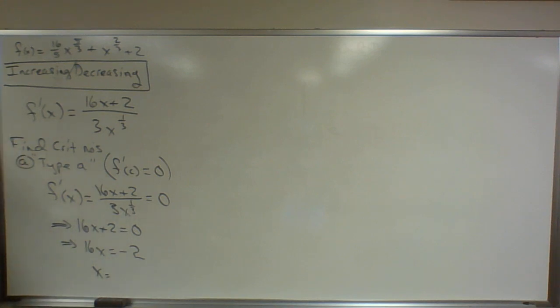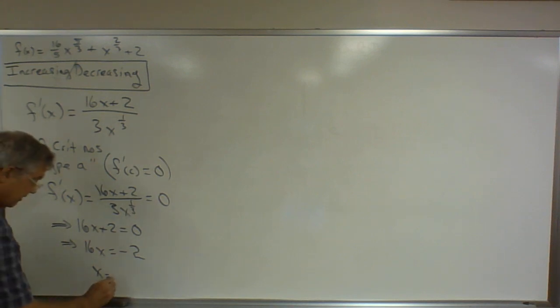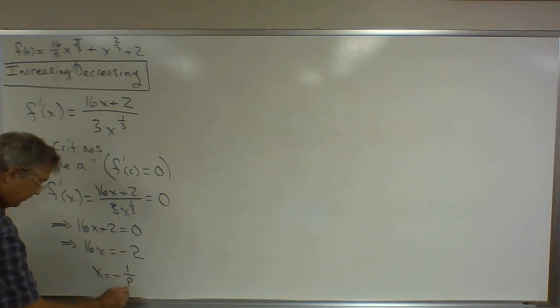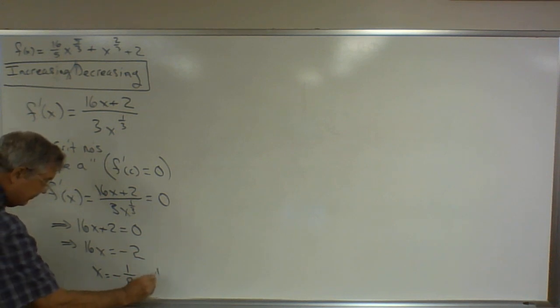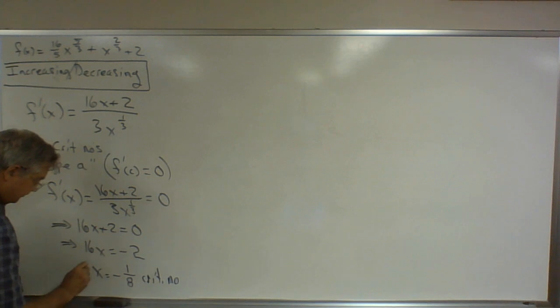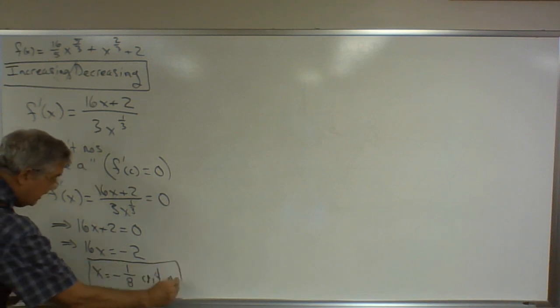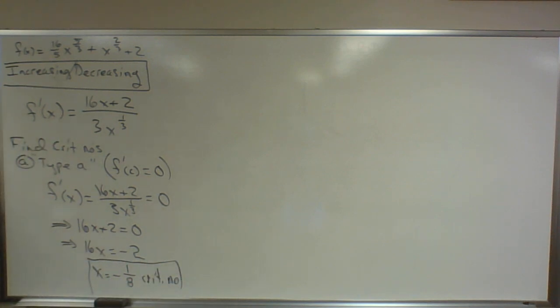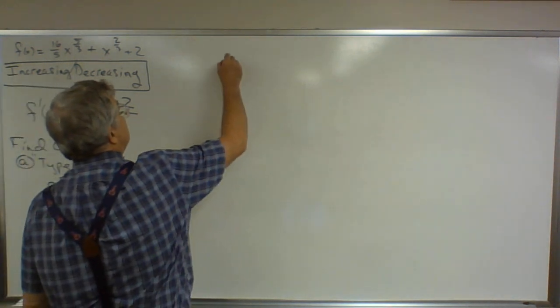Negative 2 over 16 is negative 1/8. X equal negative 1/8 is a type A critical number. We may have type B critical numbers.